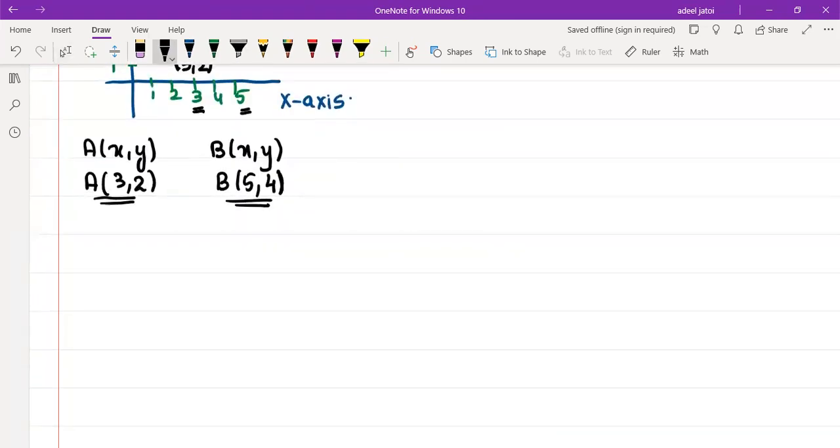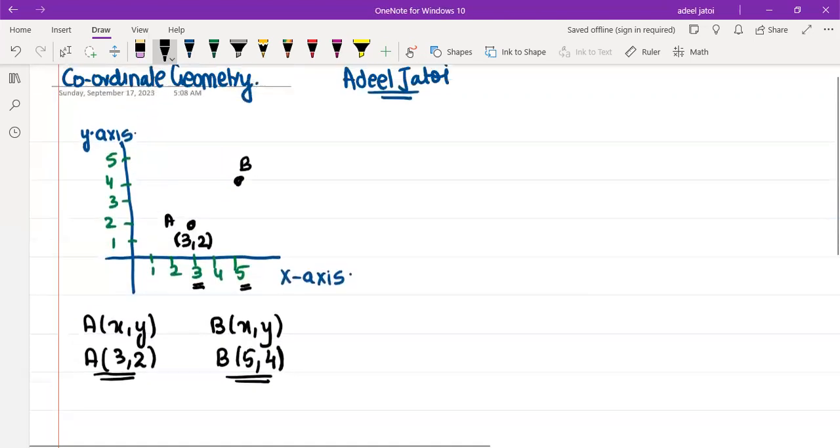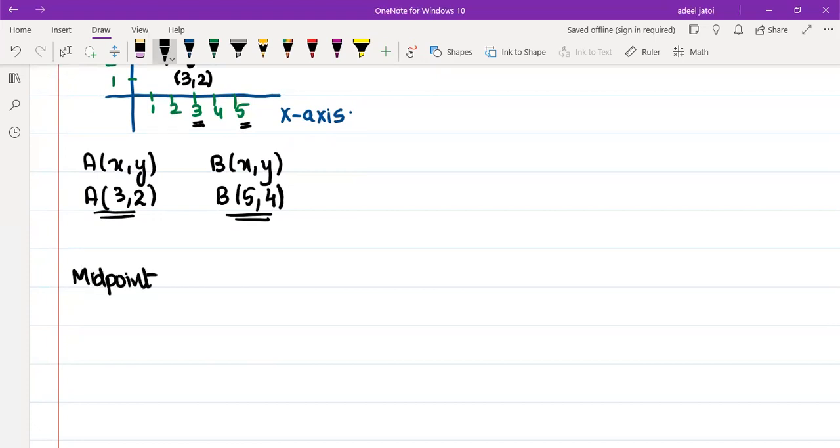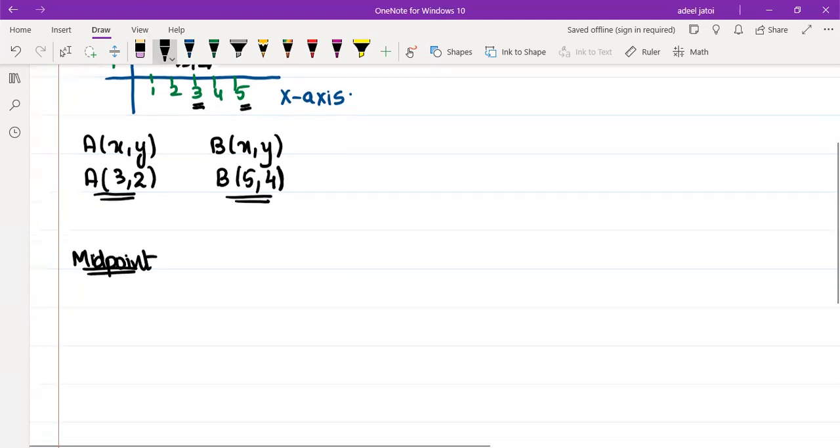Now, when we start off with coordinate geometry, the first thing in this should be the example of midpoint.